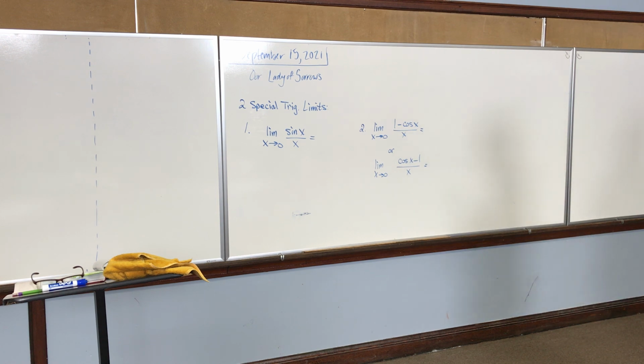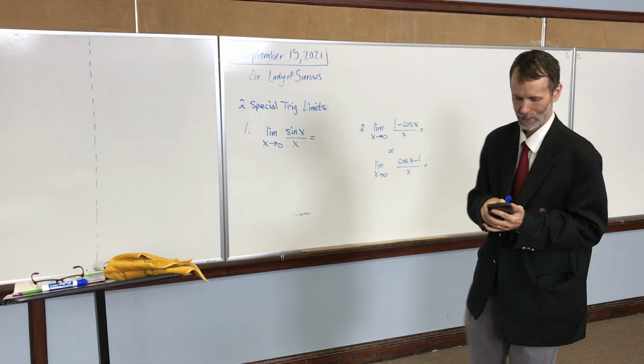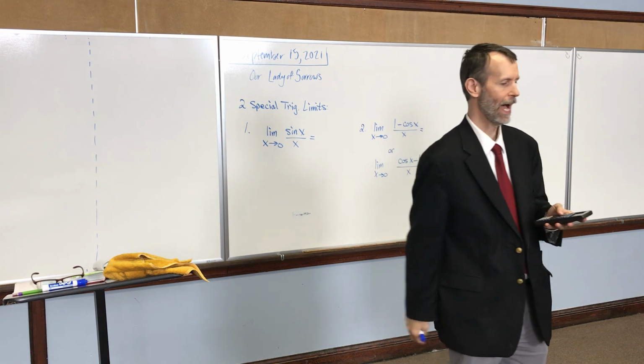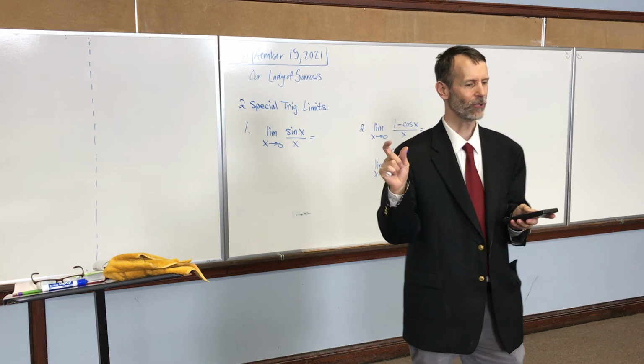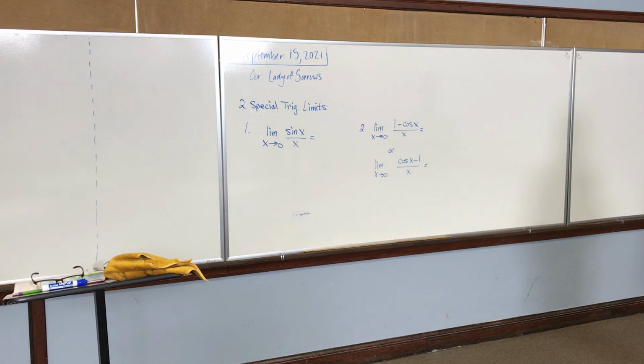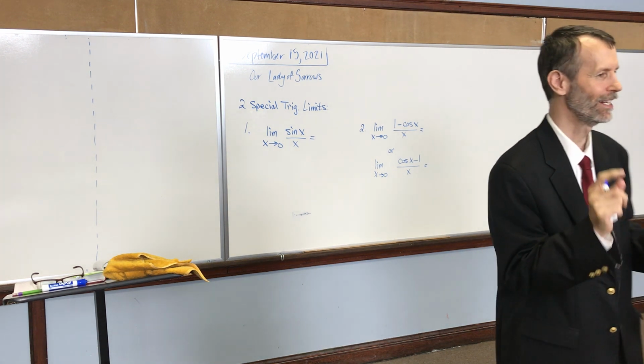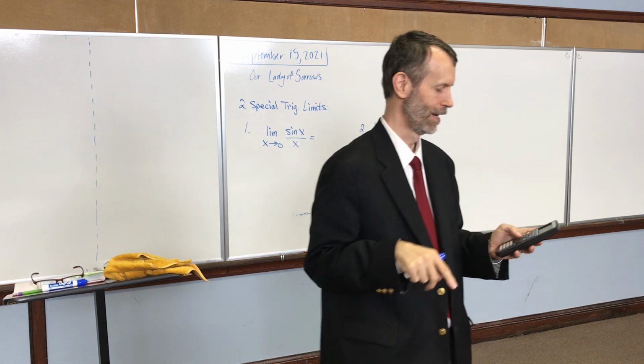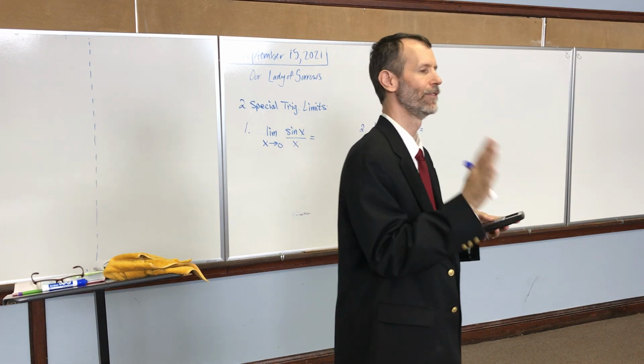Here's what I'd like you to type in. X. How do you type X? There is a special key set aside specifically for X, although it's a little hidden. The key on the calculator says X, comma, T, comma, theta, comma, N. That's the variable key.